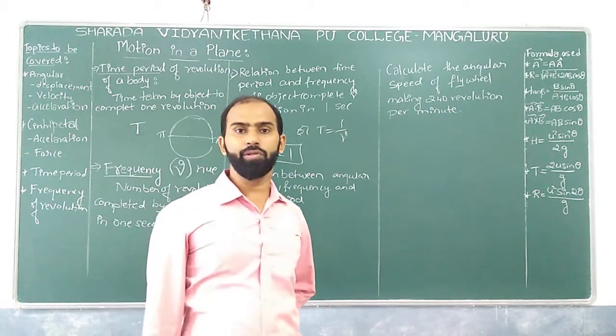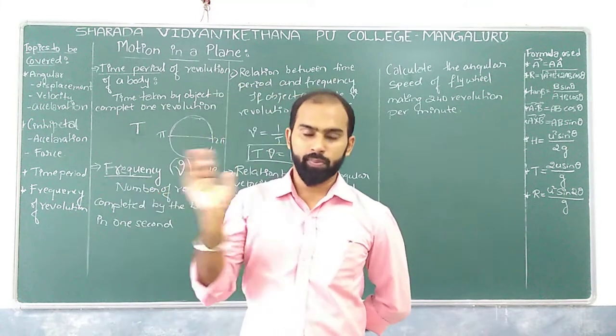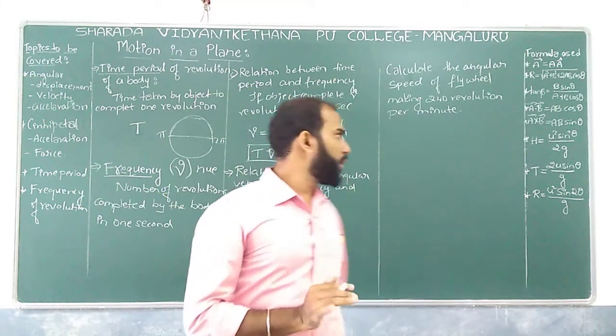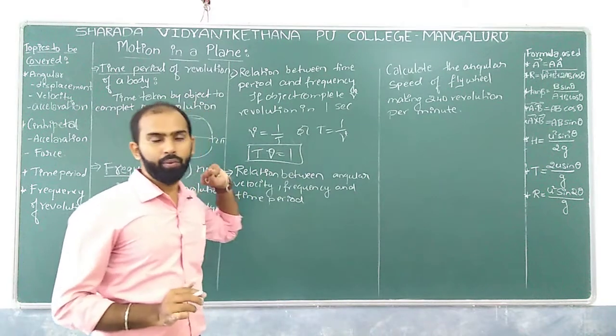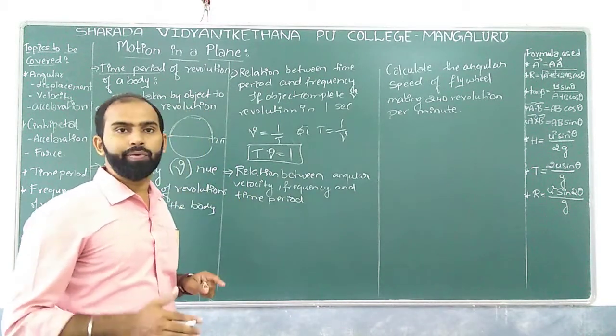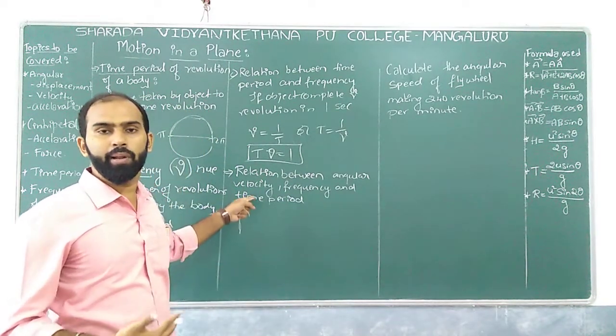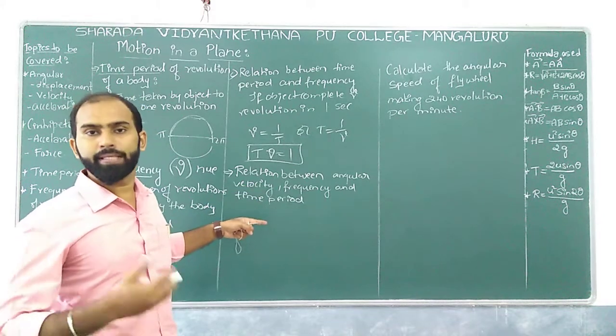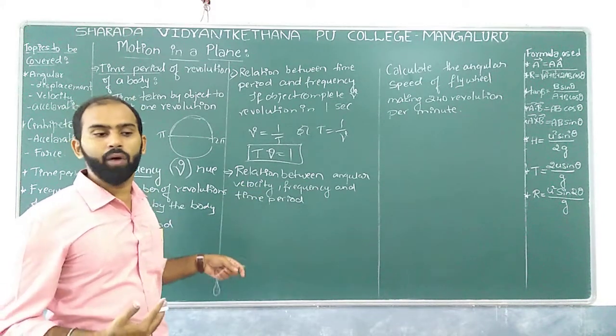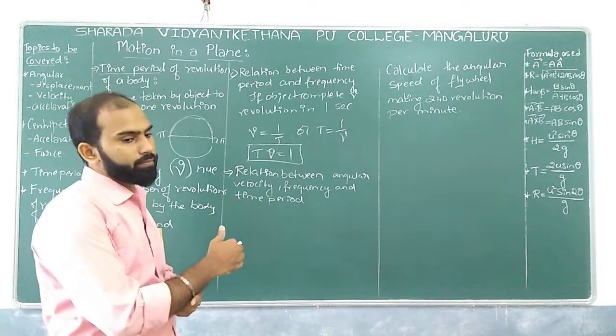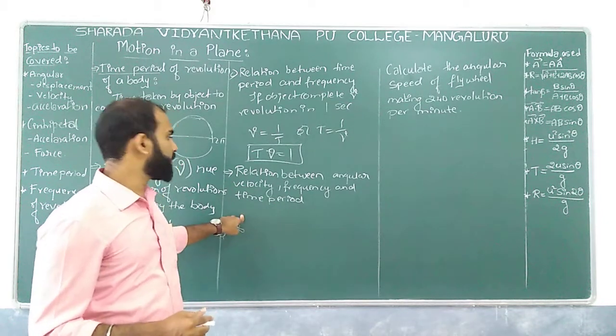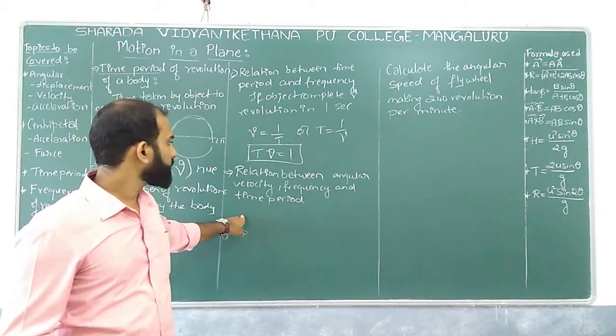We can have the relation between time period with respect to the frequency, right? So that is the one thing we can have over here. And one more thing, if you want to have a relation between angular velocity or frequency with respect to time period, what is the angular velocity we can have?